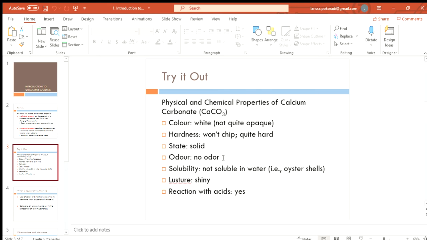It should have no odor unless it's stored by something that picks up a scent. Not soluble in water. It's hard to tell by looking at something, especially if you've got a very big piece. But there's a lot of shellfish and things like that that are made out of a calcium carbonate shell. So oyster shells, things like that, obviously aren't dissolving over time. So it's not a soluble mineral.